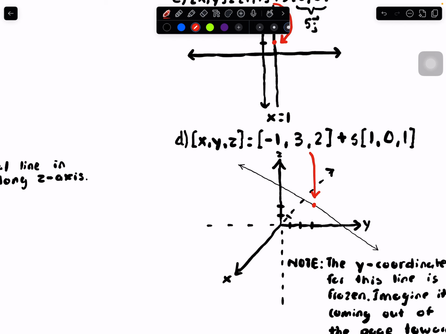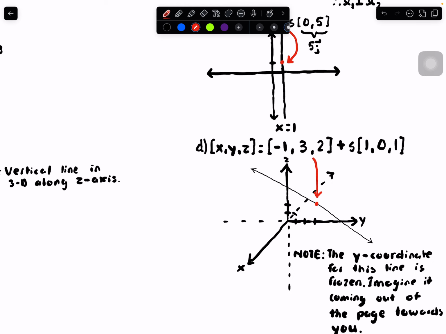This is a line whose y-coordinate is frozen at 3, and you can imagine it coming at you. The line is literally poking you in the eye if you're watching this on a screen.